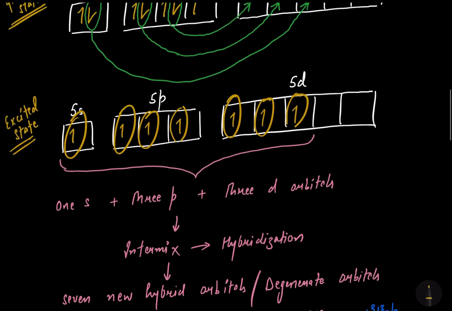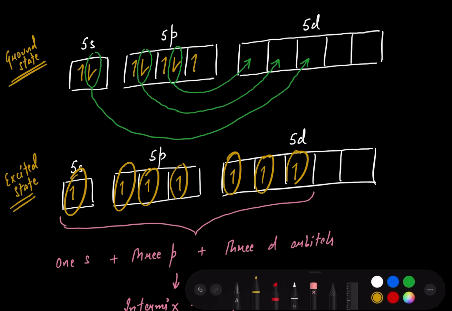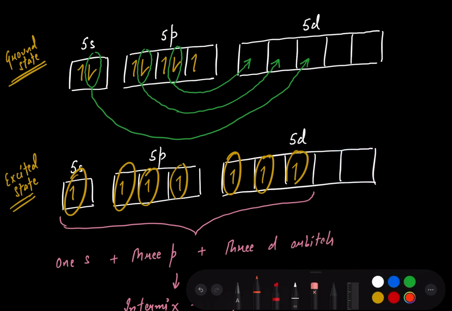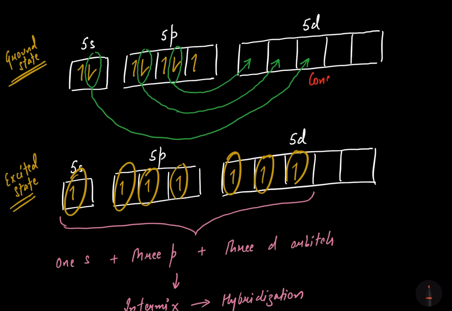At last, let's talk about the energy points. In each and every hybridization, there are two types of endothermic processes. First of all, the excitation or the promotion of electrons from 5s and 5p to the 5d. So there is energy required for the promotion of electrons. At this point, there is the consumption of energy called promotional energy.